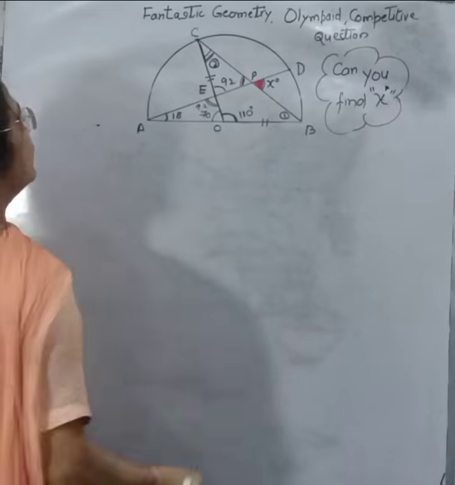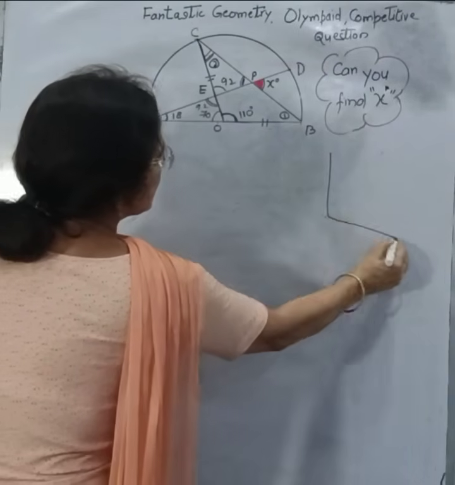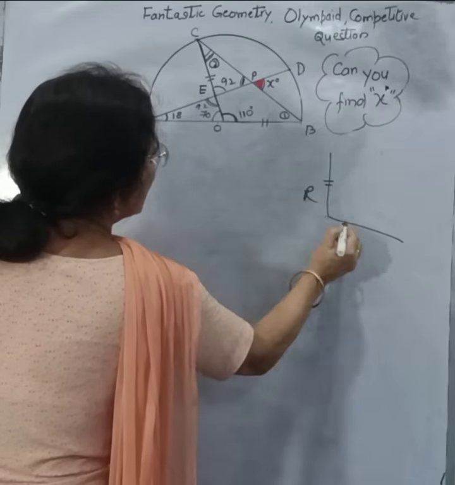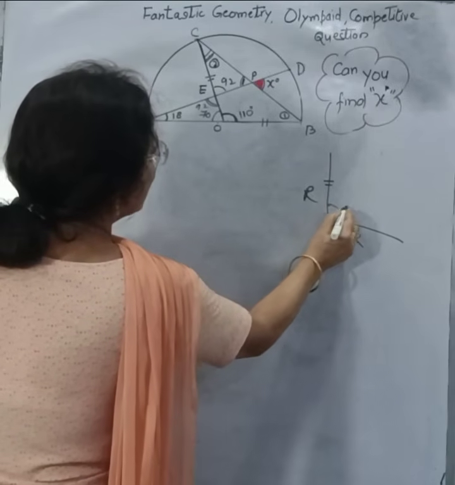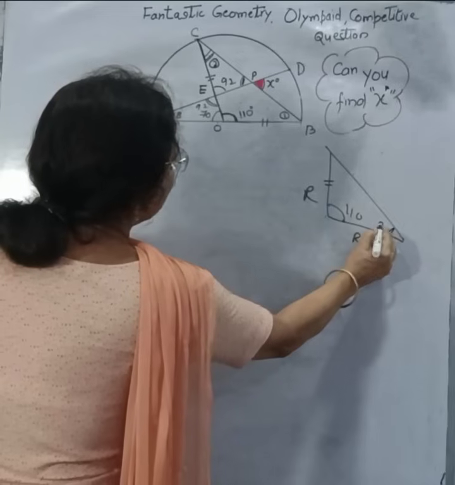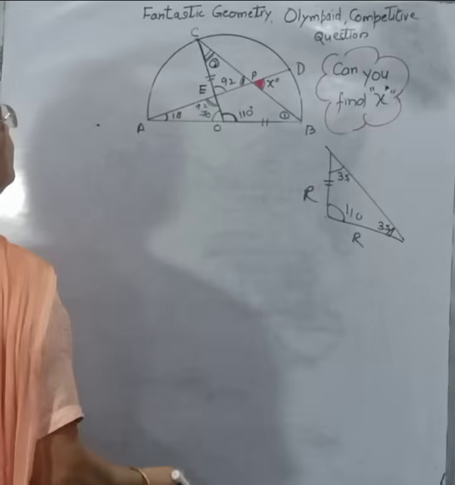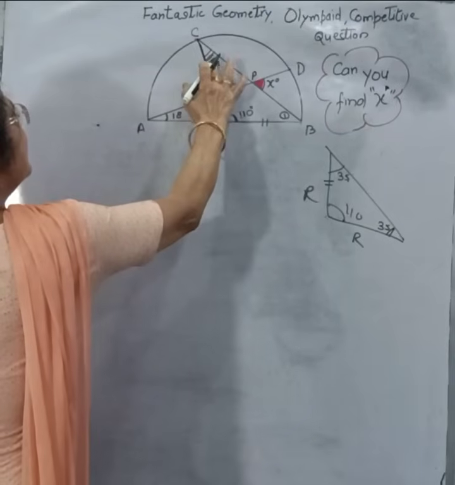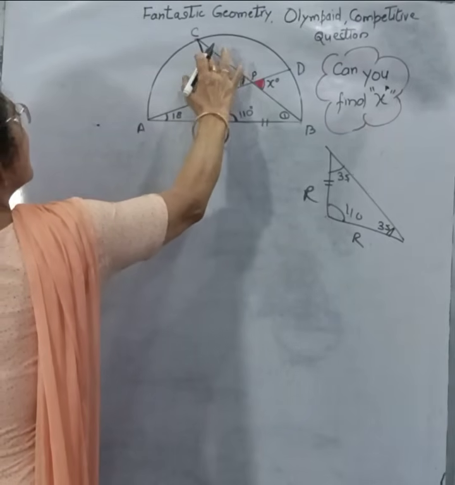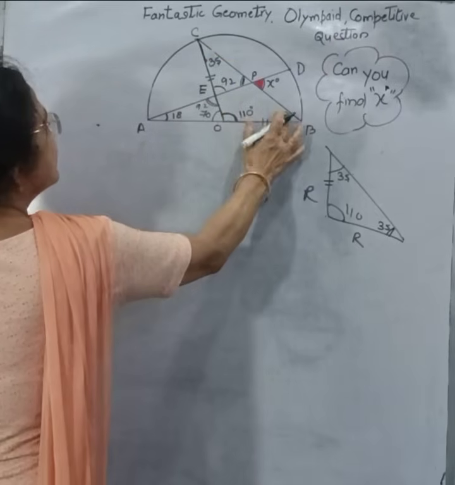Because this is the triangle in which this is R and this is R, this is 110, this angle will be equal to 35 and this angle will be equal to 35. Now in this triangle this angle will be 35. This is 35. Correct? And this will also be 35.